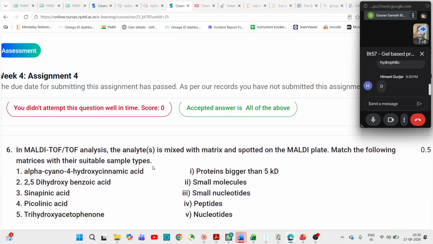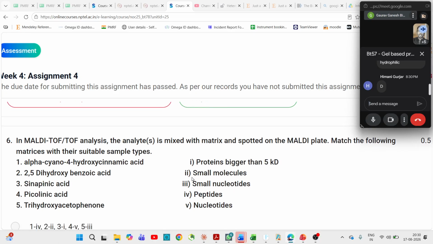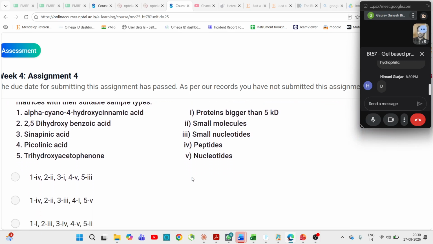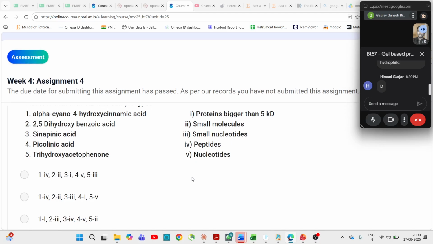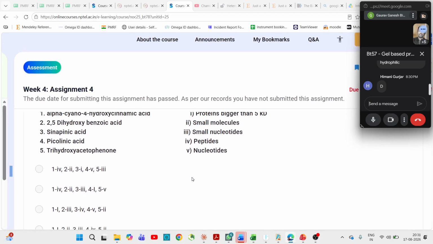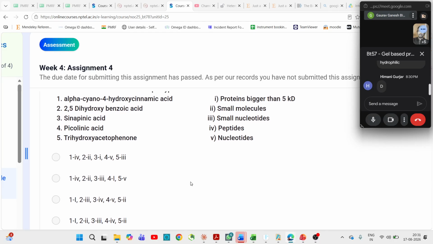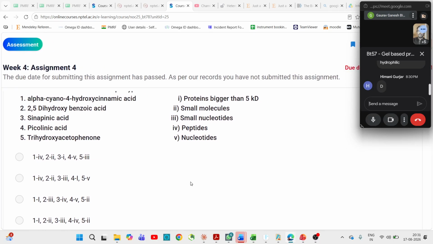So in MALDI-TOF analysis, the sample is mixed with matrix and spotted on the plate. Match the following matrices. Okay, this is a little complicated because you need to remember what type of matrix is used for what. So this was the first one, alpha cyano, which was used for. You just answered about THAP, which is used for.